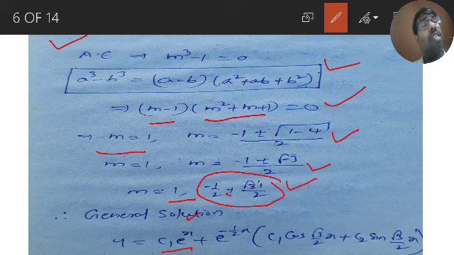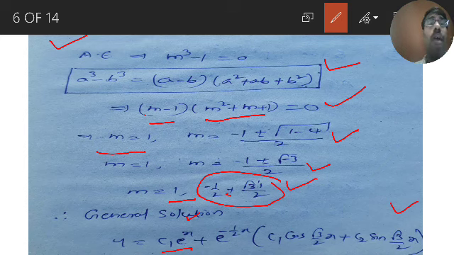Already we did this in the last class for two roots. Same thing we are applying. So the total general solution is y is equal to c1 into e power of x plus e power of minus 1 by 2 x into c1 cos root 3 by 2 x plus c2 sin root 3 by 2 x.